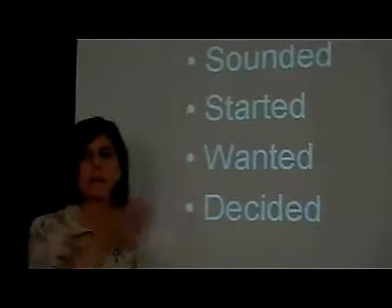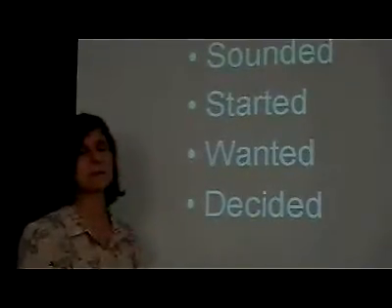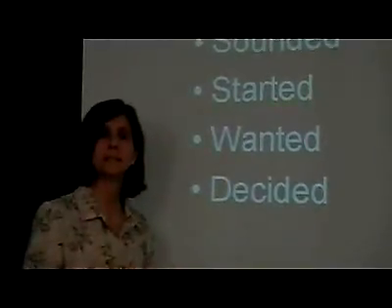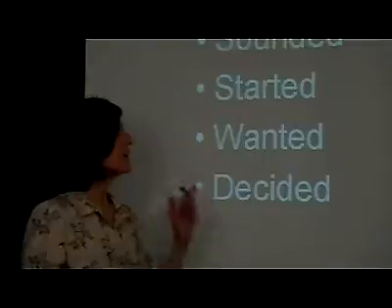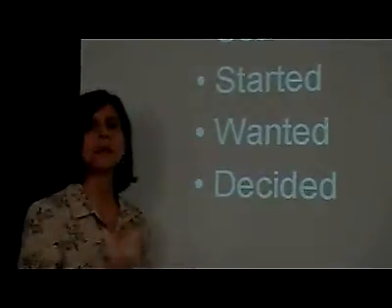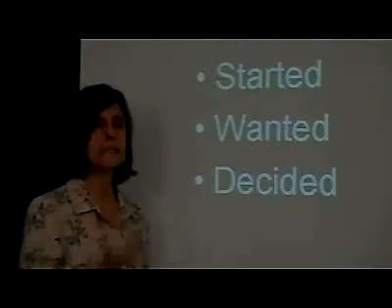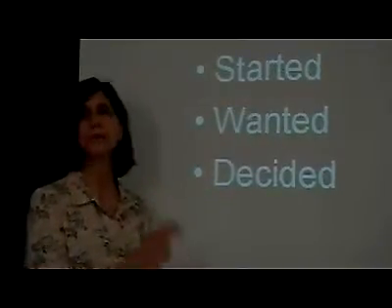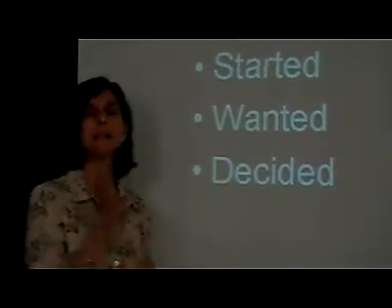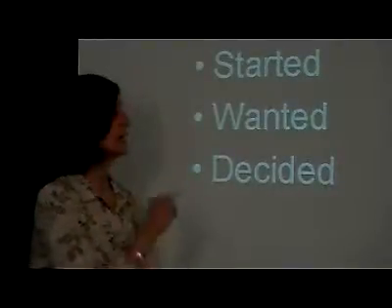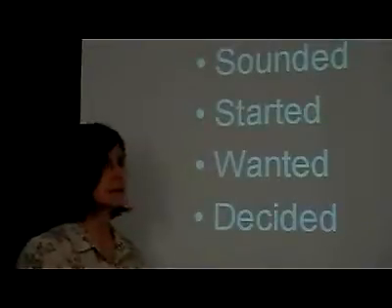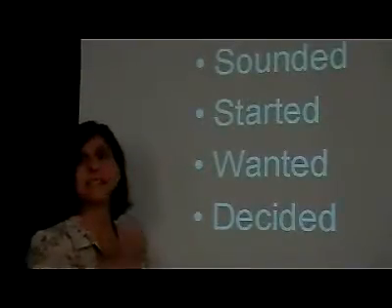Sounded. Start ends in a T, so I need to say started, started. Want ends in a T, wanted, wanted. Two syllables. Decide is already two syllables, so now when I pronounce it with the ED ending, I have to have three syllables there. Decided.